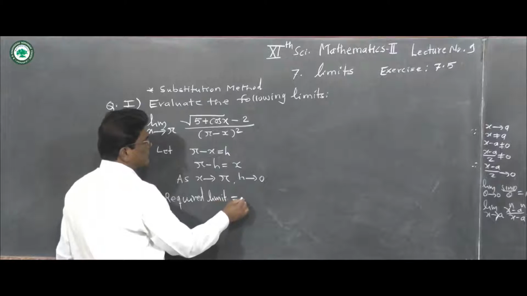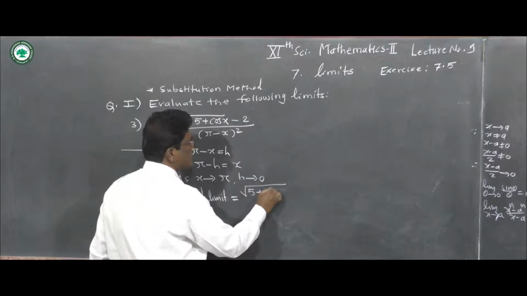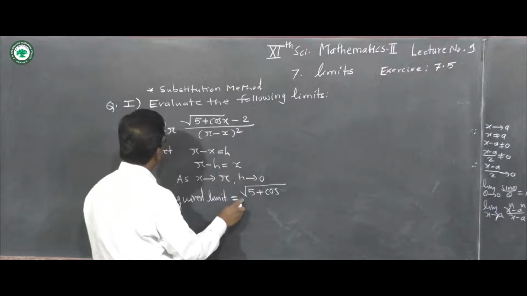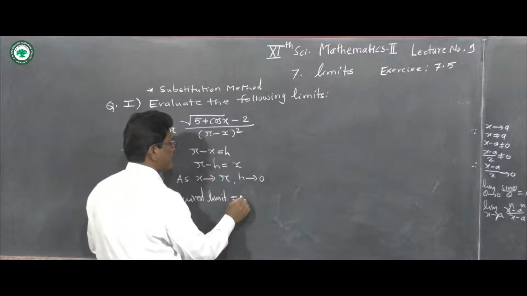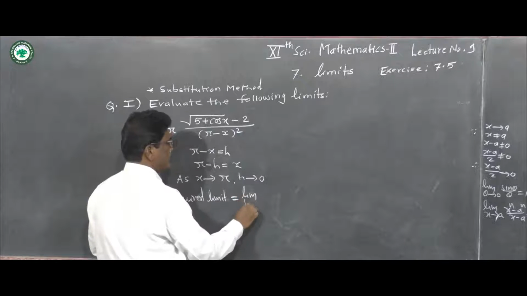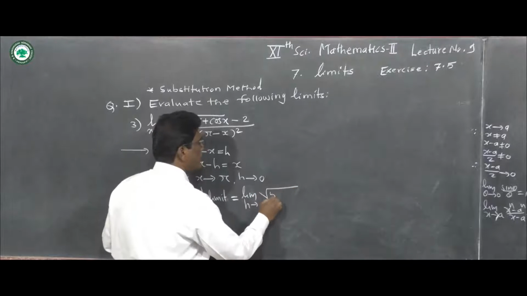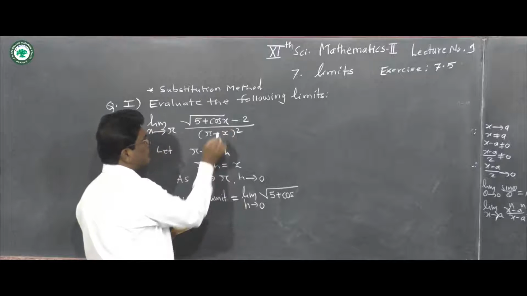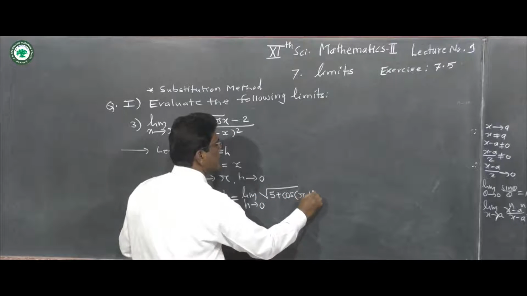equal to, we write here the limit as h tends to 0 of under root of 5 plus cos of, in place of x we put here pi minus h, that is pi minus h.